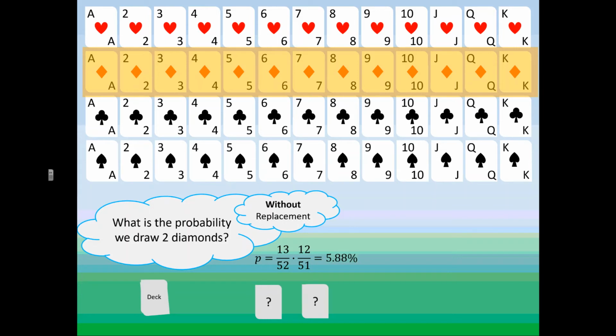If my first card is a diamond, that means I've already chosen one of the 13 diamonds, leaving only 12 remaining diamonds. I've also chosen one of the cards, obviously. So my 52 cards goes down to 51 cards. This actually makes a lower probability.